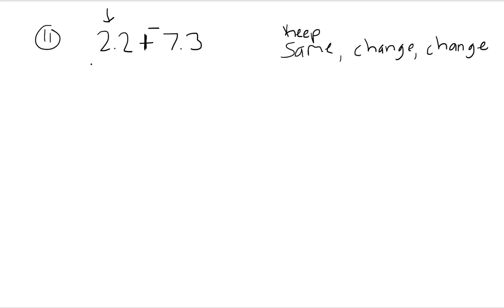If you only have 2.2 and you owe 7.3, you can see that the owing amount is bigger than the having amount. So when you combine those, you're going to end up having a negative answer. To figure out what that answer is, we have to take the 7.3, subtract the 2.2, we line up the decimals, and the decimal comes straight down.